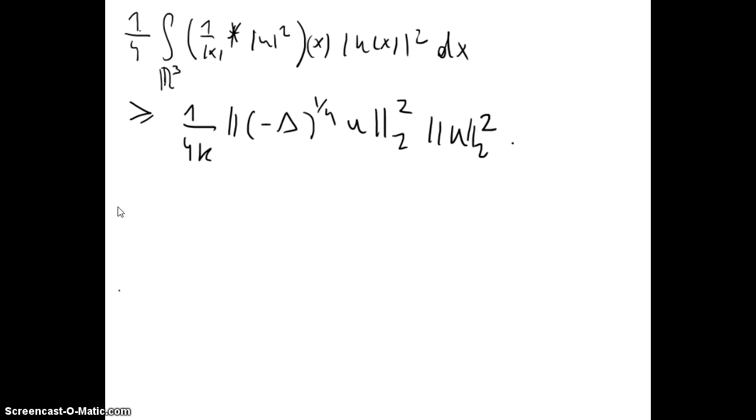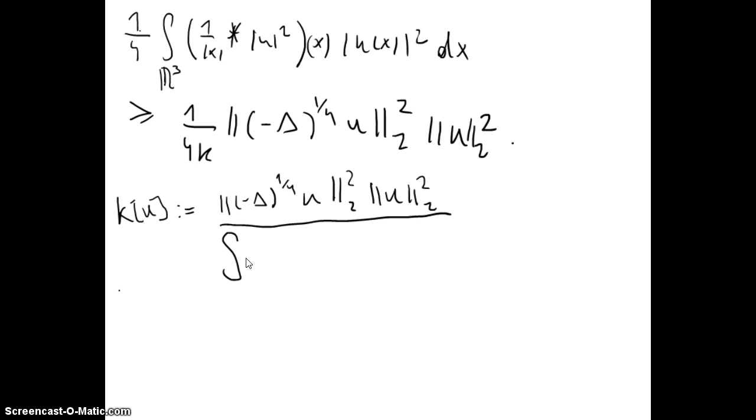So let's see where this comes from. Let's consider the functional K(u). We define it as the norm of minus Laplacian 1/4 u squared 2, u squared 2, over the integral over R3 of |x| to the minus 1 convolution u squared, times u(x) squared dx.